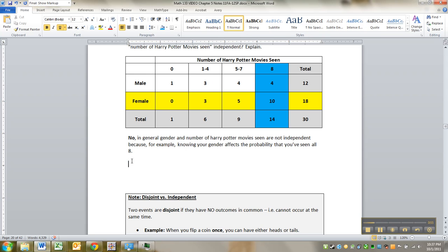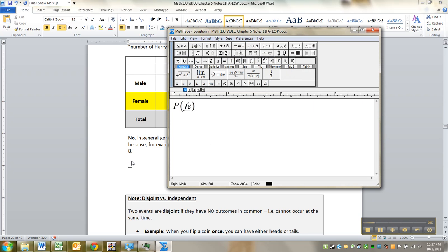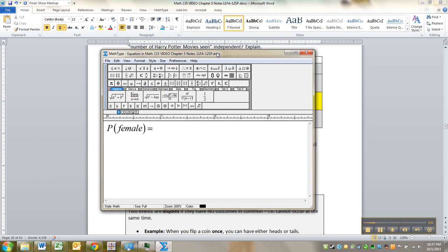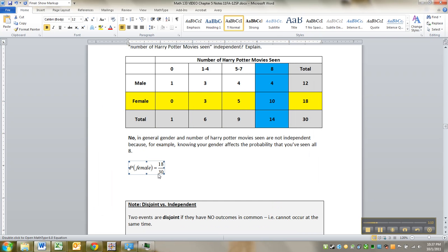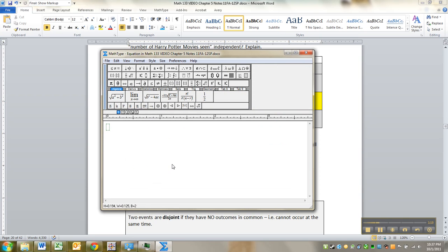Let's remind ourselves: what's the probability of being female in this class? It's 18 out of 30. Now bear with me, I'm going somewhere with this. Then let's talk about the probability of seeing all 8 movies.